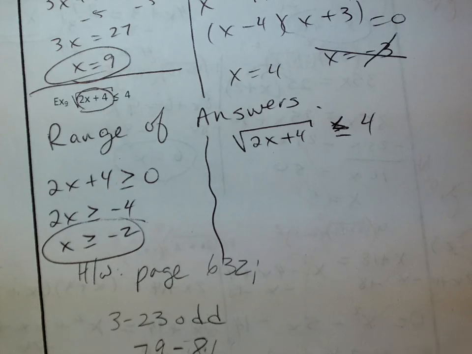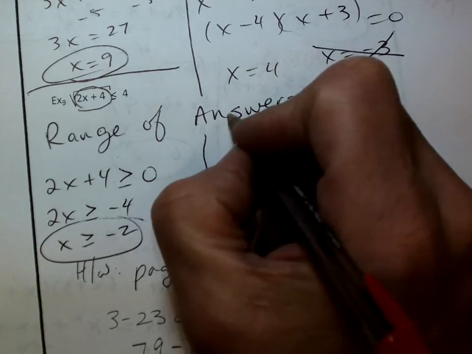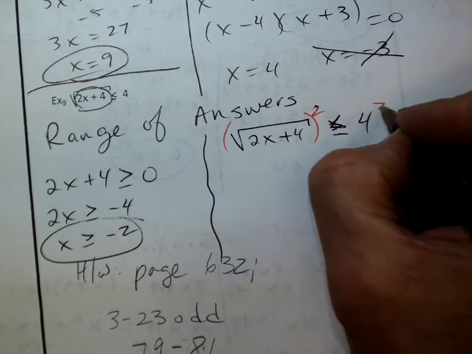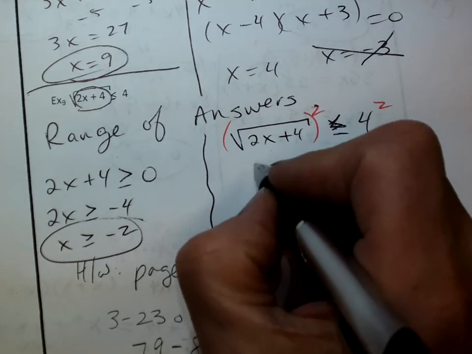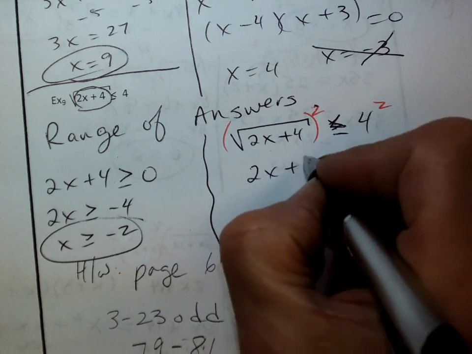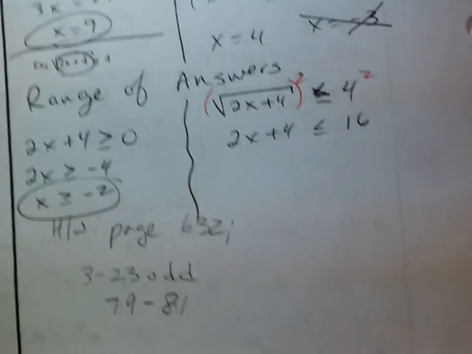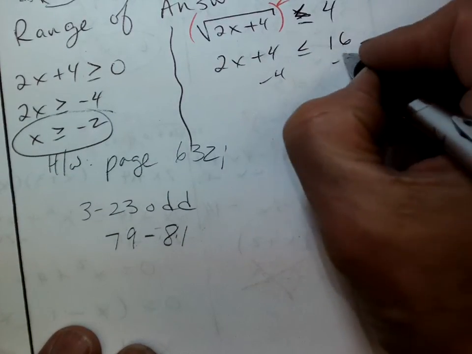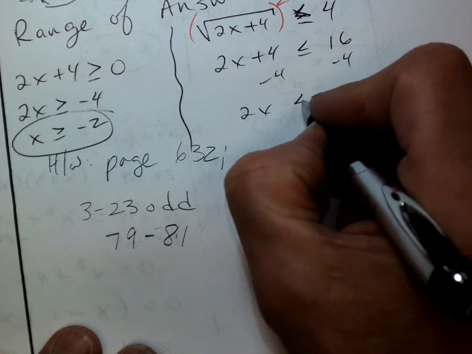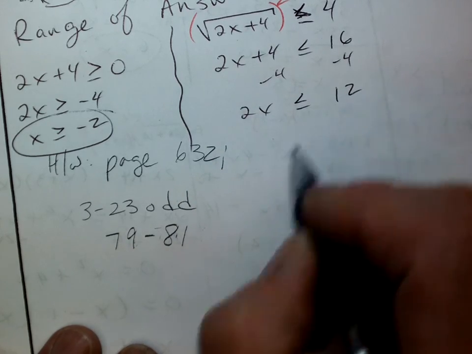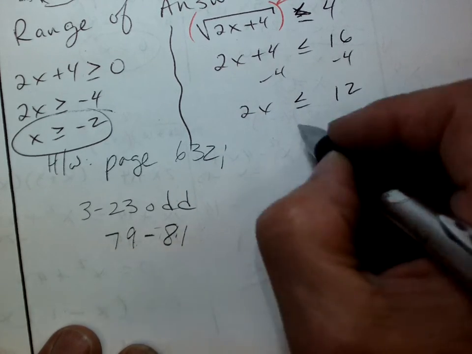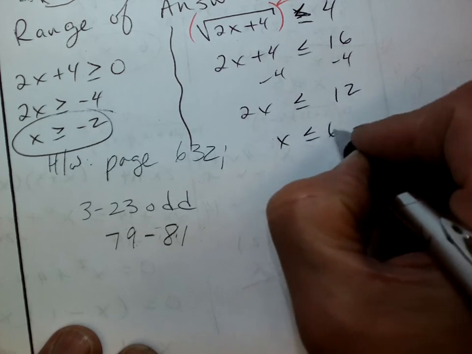We square both sides: 2x plus 4 is less than or equal to 16. Minus 4 from both sides, 2x is less than or equal to 12. Divided by 2, x is less than or equal to 6.